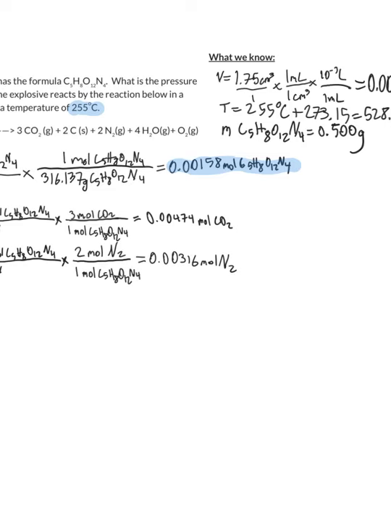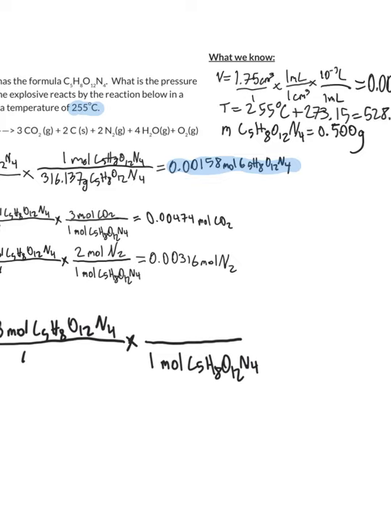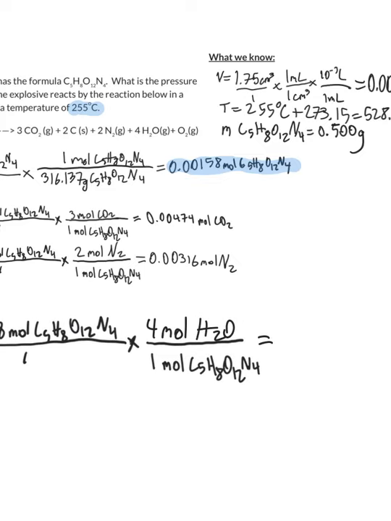To find gaseous H2O, we will use 0.00158 moles C5H8O12N4, and we will use the ratio of 1 mole C5H8O12N4 to 4 moles H2O to get 0.00632 moles H2O.